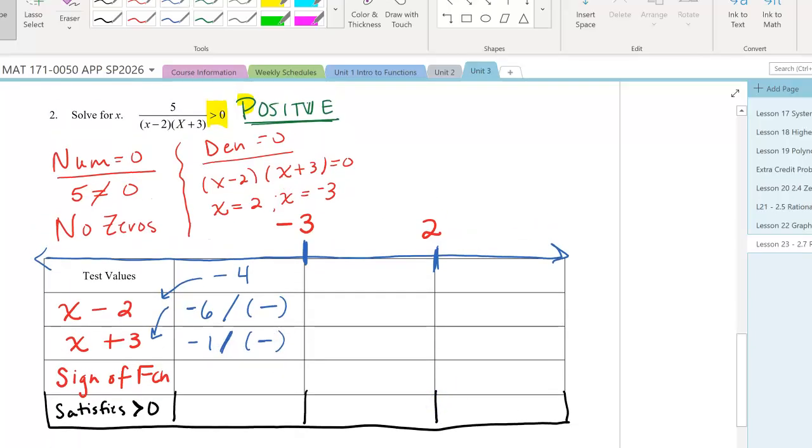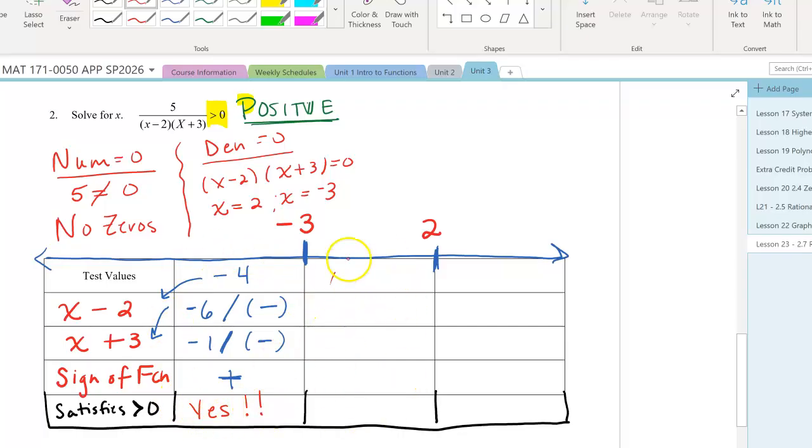Now if we look at the function itself, the top will always be positive. So we just have to determine the sign of the denominator. A negative times a negative will be positive. And of course, a positive divided by a positive is going to give you a positive answer. Remember, we are looking for where the function is positive, and since it's positive here, the numbers in this interval are going to be a part of the solution.